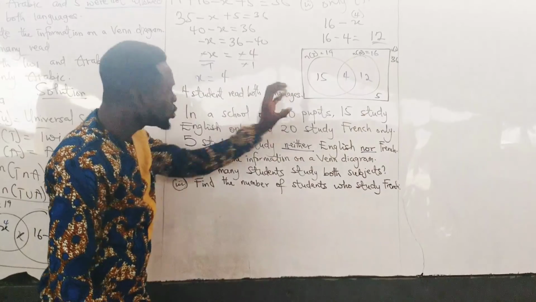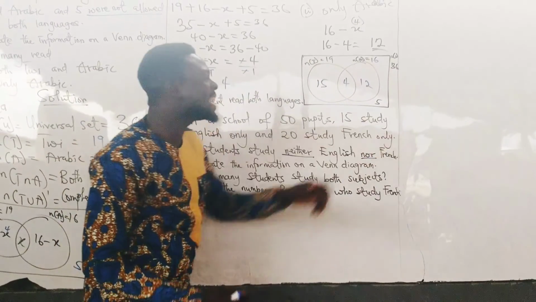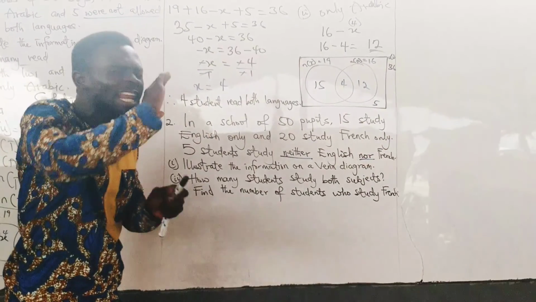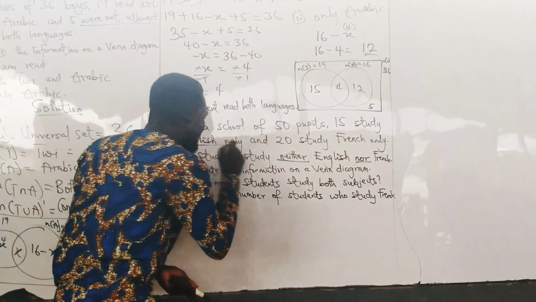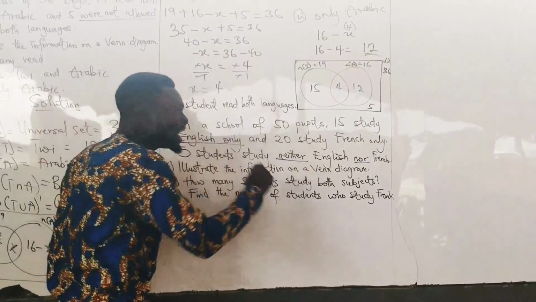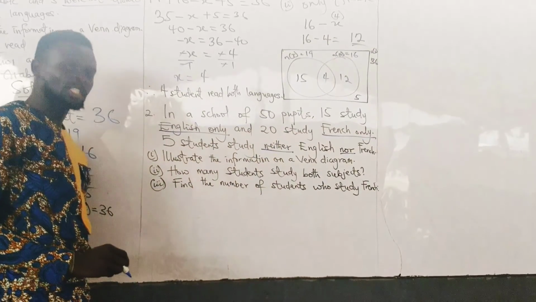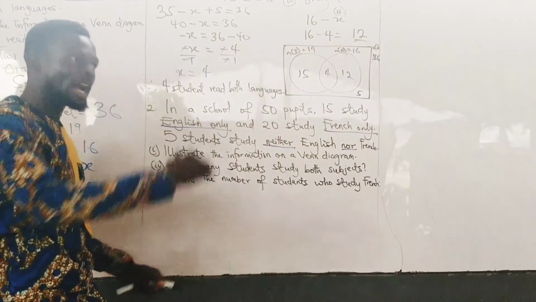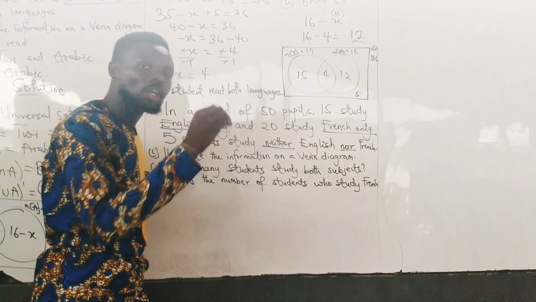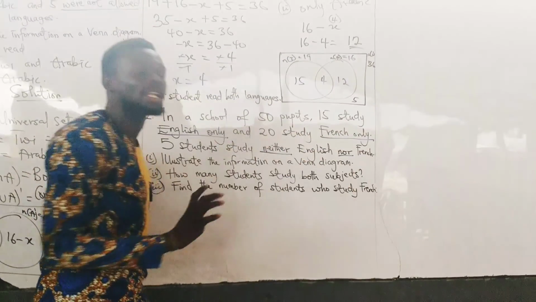So, in a school of 50, 15 study English only. Also take note of that. 20 study French only. Also take good note of that, so that when you are writing your data, you know where to position the values.